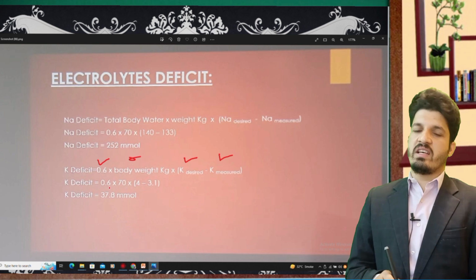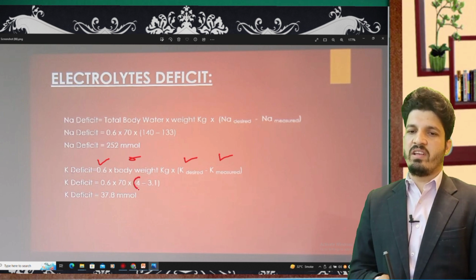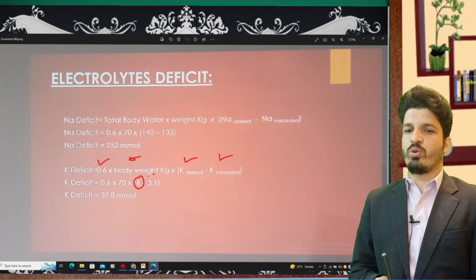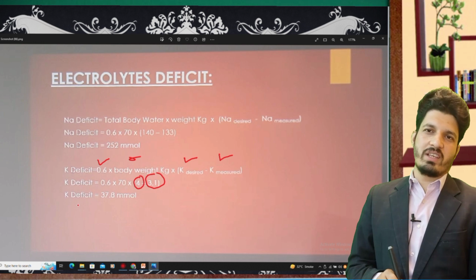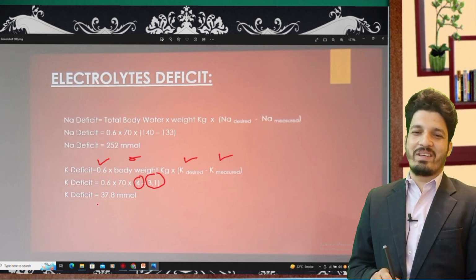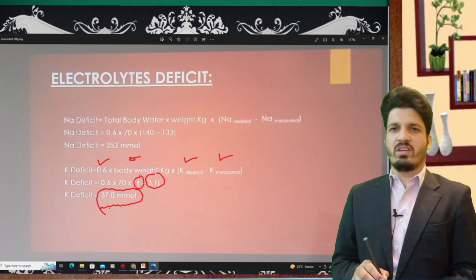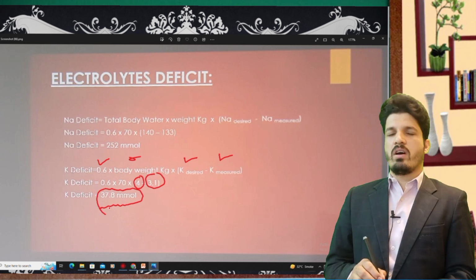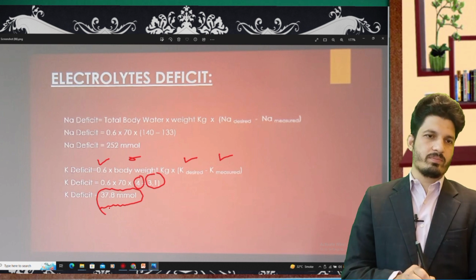Putting the values in a 70 kg person, 4 is our desired value, and 3.1, suppose, is our calculated value. Using the calculator, it will become 37.8 millimole. So you have to use 2 ampoules of potassium to fulfill this deficit.